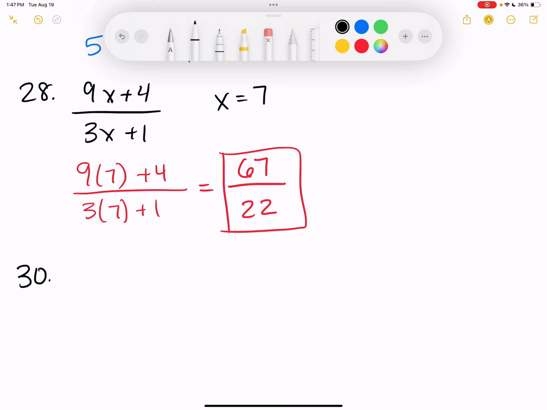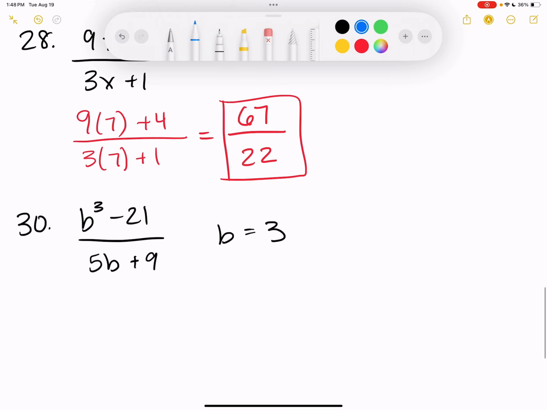All right, last one, unless y'all have questions. 30, b cubed minus 21 over 5b plus 9, and b is equal to 3. So I'm going to plug in. I've got 3 cubed minus 21 over 5 times 3 plus 9.